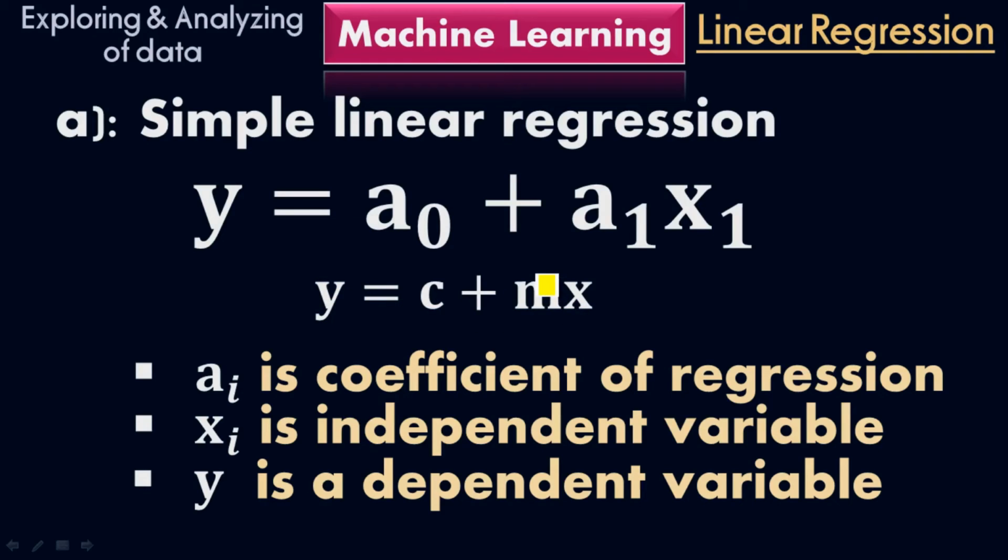It is a simple linear equation, an algebraic equation, where m is the slope of the line. This a sub naught, a sub 1 is the coefficient of regression. X is the independent variable and y is the dependent variable. So it is the equation of a simple linear regression model.